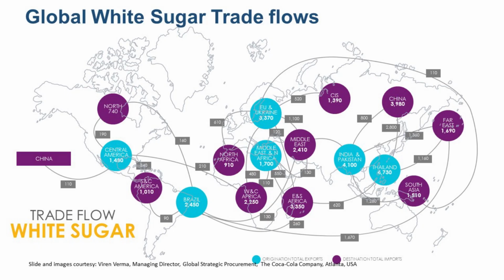Europe's position then changed, and Brazil and Thailand took that position. Now the trade flows from Europe have changed to Brazil and Thailand. These are the top two exporters.